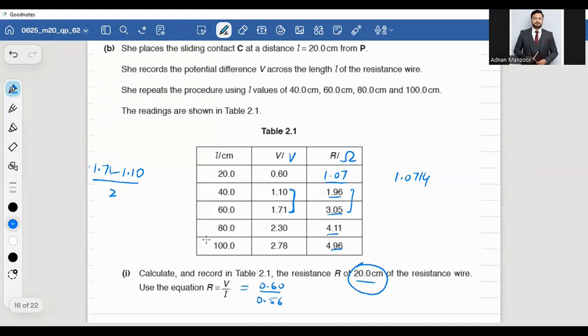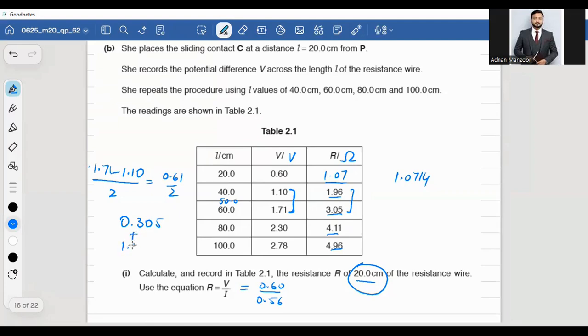We have to take the difference, 1.71 minus 1.10, and we got 0.61, and when we divide 0.61 by 2 we got 0.31. So add this to this value, so you make it at the 50 mark.